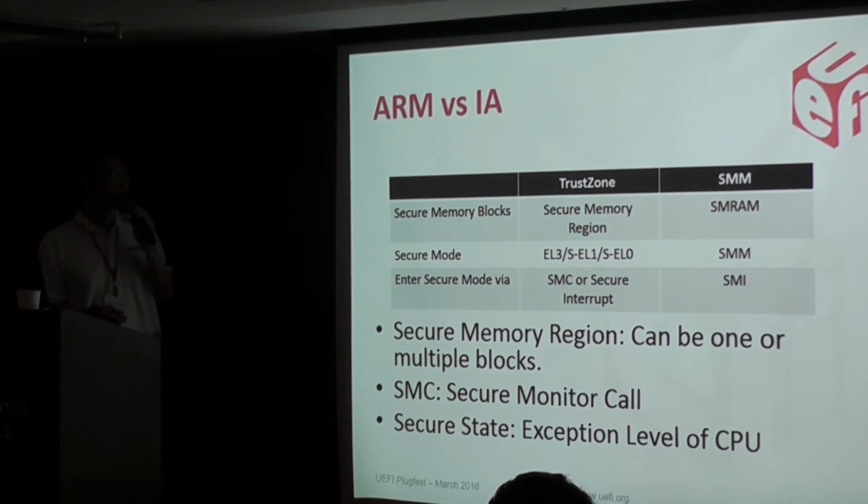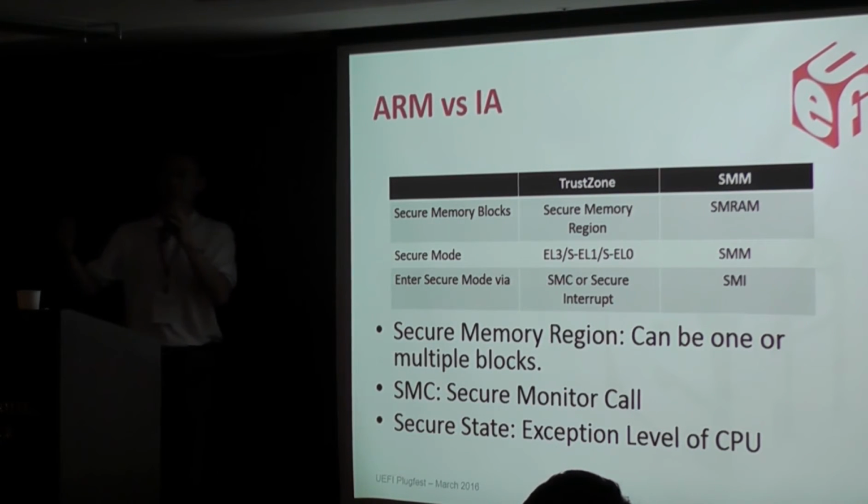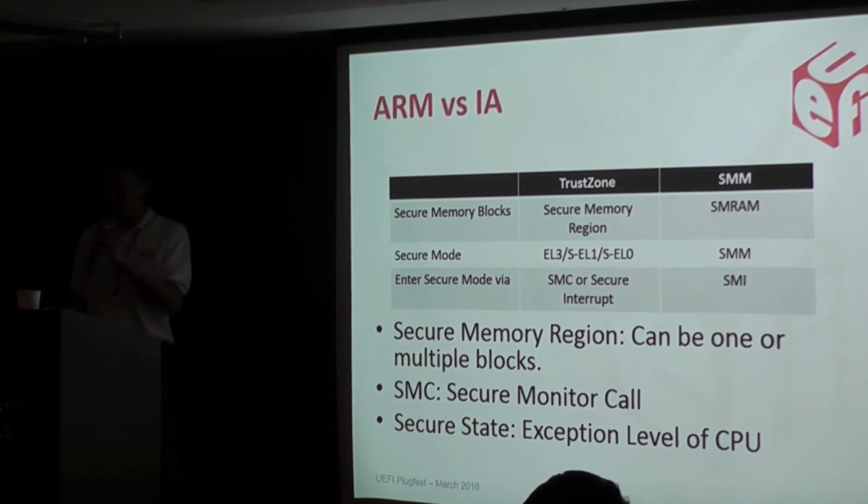For SMM, the secure mode is called System Management Mode. For ARM TrustZone, the secure world to access the secure memory region can be EL3, secure EL1, or secure EL0. For SMM, to enter SMM mode can be through an SMI, hardware or software. For ARM TrustZone, it can be a software-based SMM Core, or you can generate a secure interrupt to enter the secure mode.